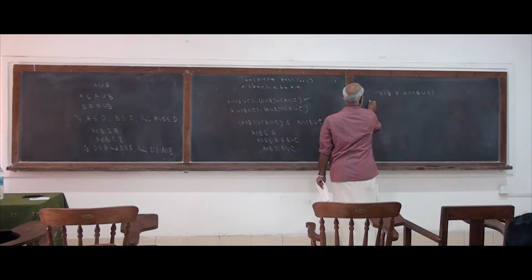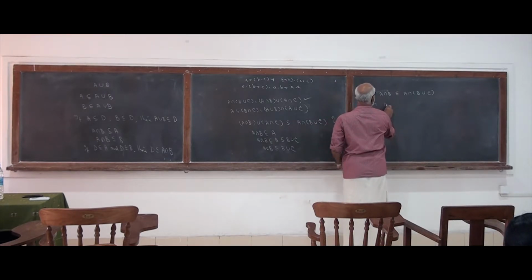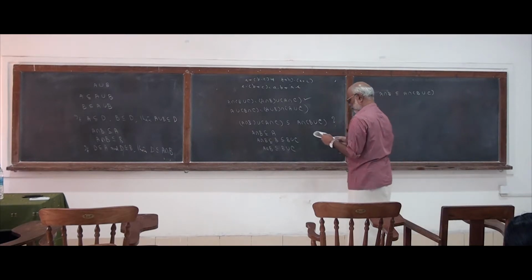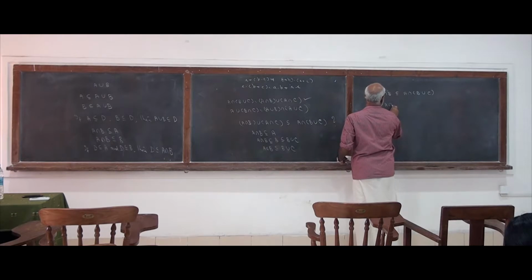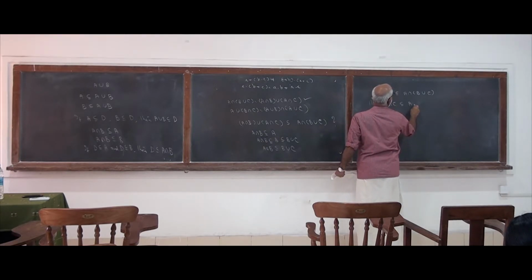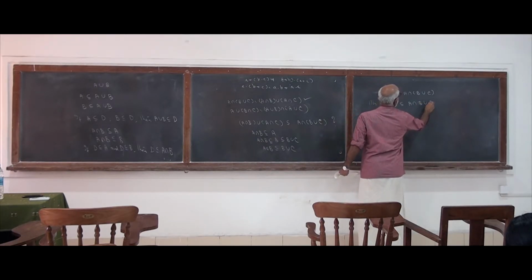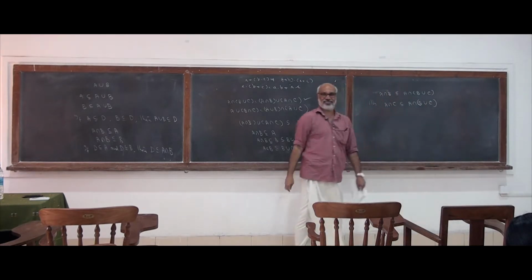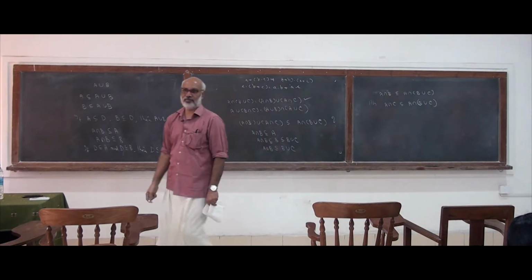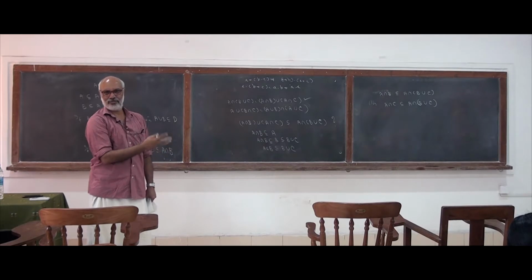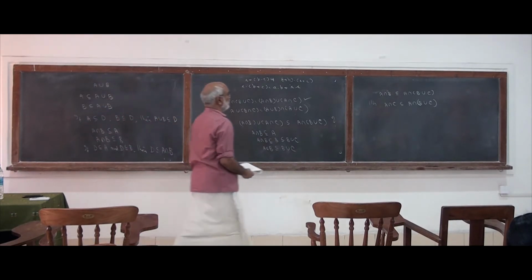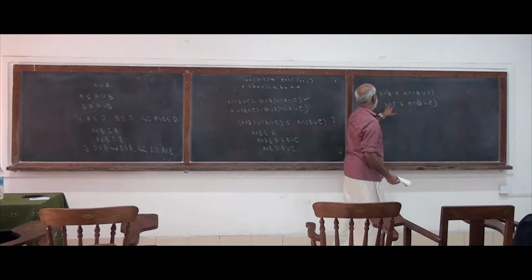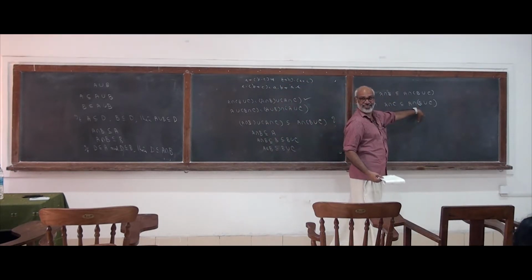Now, similarly, we can prove that A intersection C is also contained in A intersection B union C, similarly, by interchanging B and C. Now we have that A intersection B is contained in this and A intersection C is contained in this.